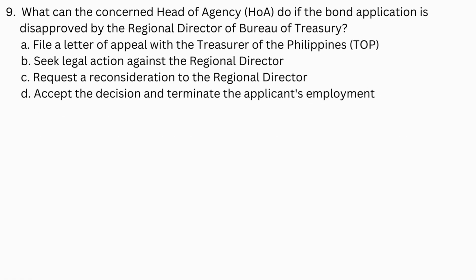Number 9. What can the concerned head of agency do if the bond application is disapproved by the Regional Director of Bureau of Treasury? A. File a letter of appeal with the Treasurer of the Philippines. B. Seek legal action against the Regional Director. C. Request a reconsideration to the Regional Director. D. Accept the decision and terminate the applicant's employment.